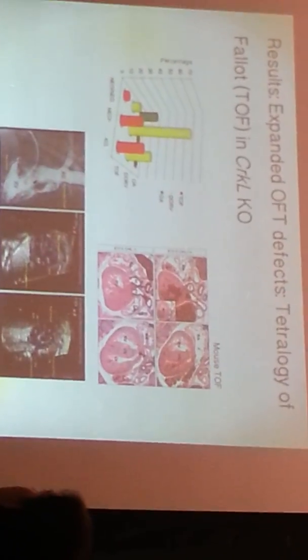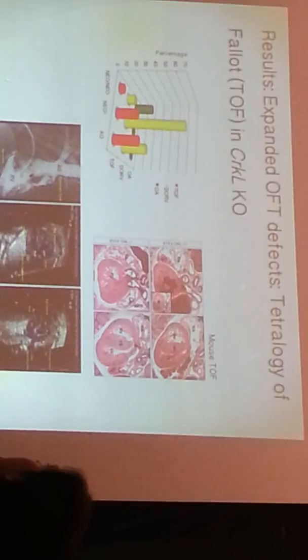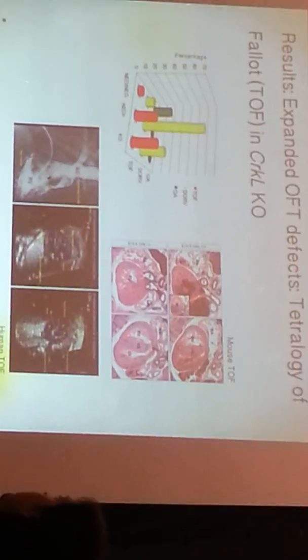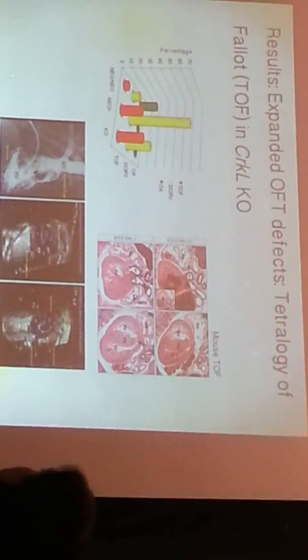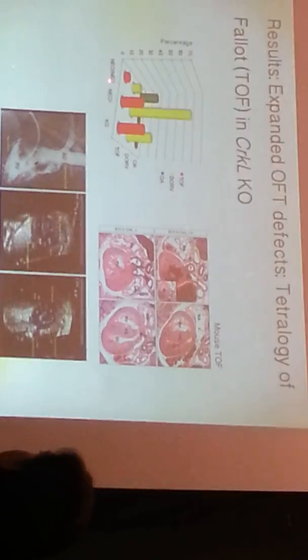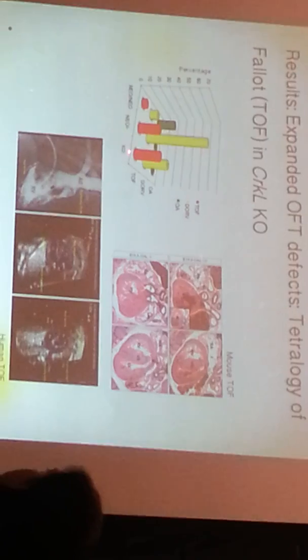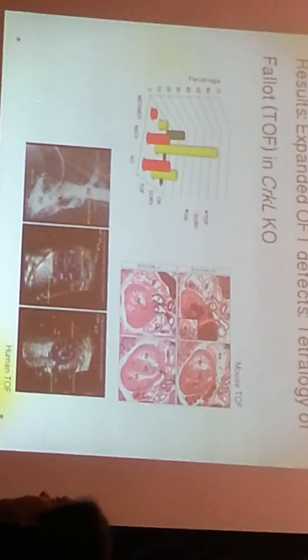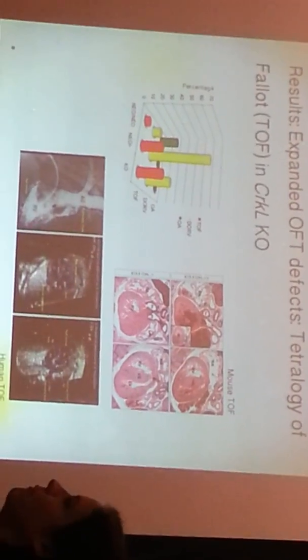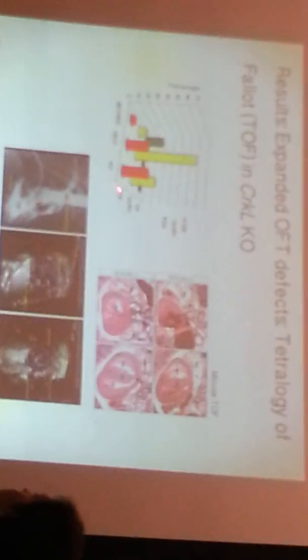We have expanded those cardiac effects, and we found more defects that are also seen in patients, like for example the Tetralogy of Fallot. This is the percentage, and these are the three allelic combinations of genotypes that give some phenotype. The rest are controls. The Tetralogy of Fallot happened to be more frequent in the neo minus and in the knockout.